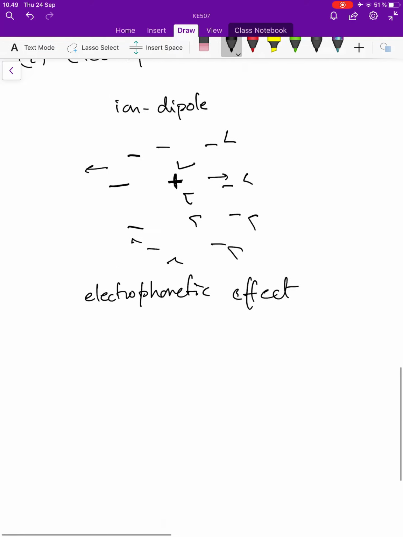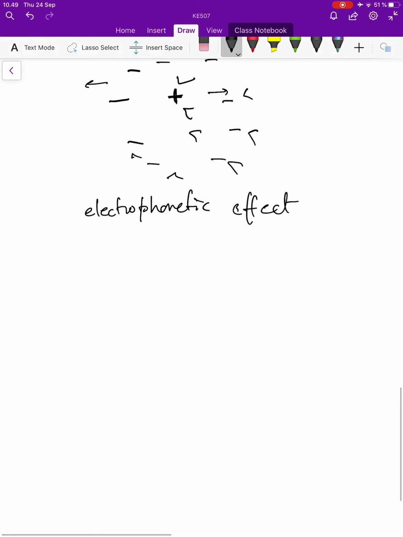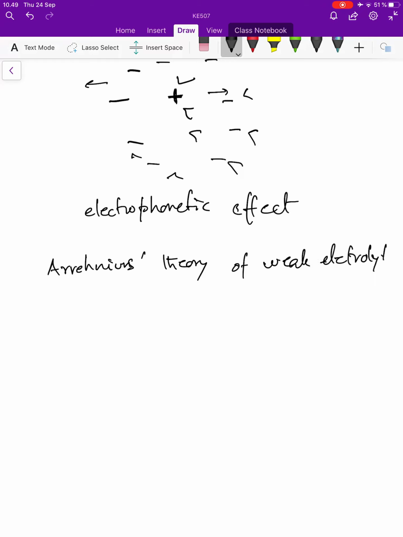In the case of weak electrolytes, the treatment is a bit different, and this is typically handled by Arrhenius' theory, and we will not go into the details of weak electrolytes. The basic idea is, as the concentration increases, if you have an electrolyte such as AB, it will dissociate in water to a limited extent.